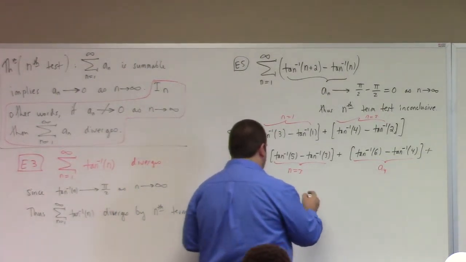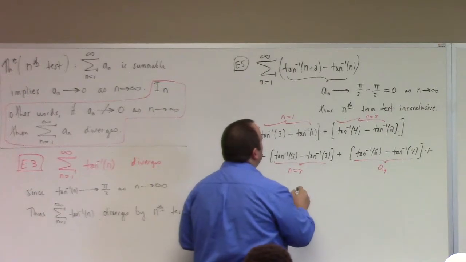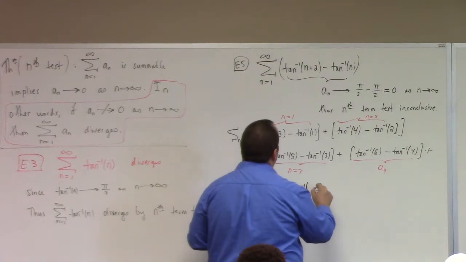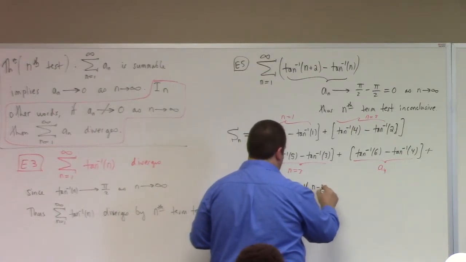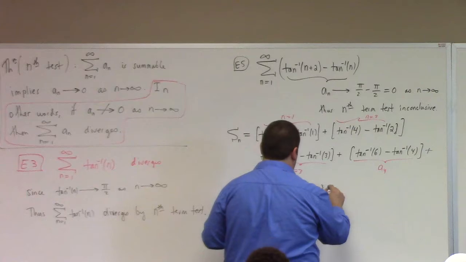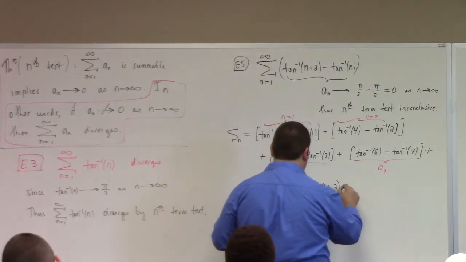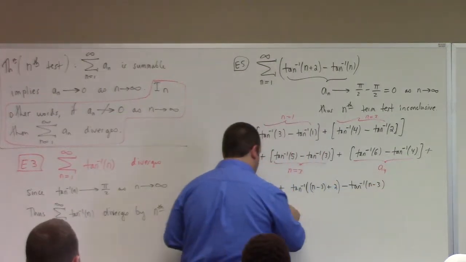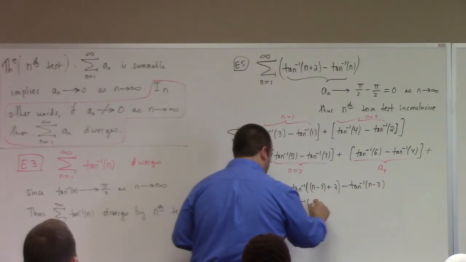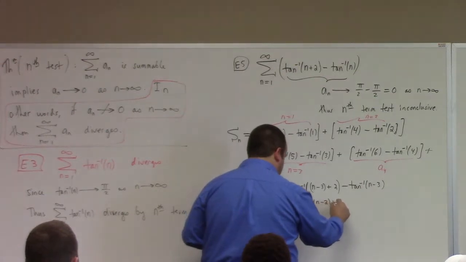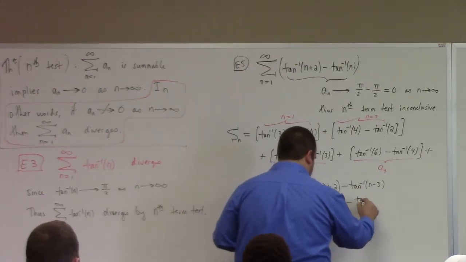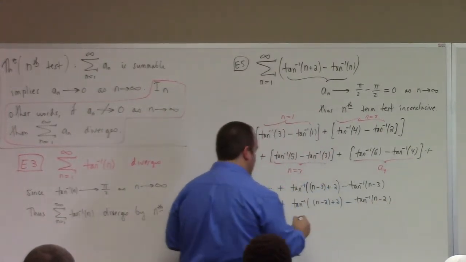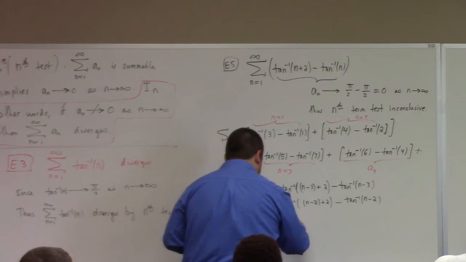So let's look at inverse tangent of, let's say, n minus 3 plus 2, minus the inverse tangent of n minus 3, plus the inverse tangent of n minus 2 plus 2, minus the inverse tangent of n minus 2. I think I wrote too much here, guys. I'm sorry.